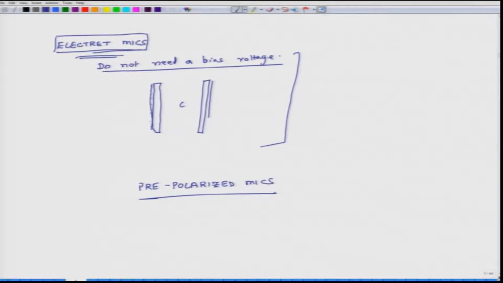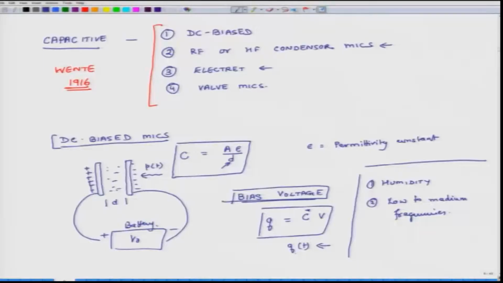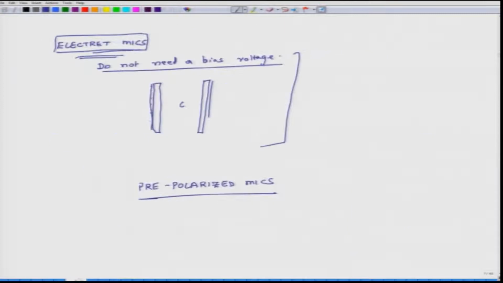Why do we call them pre-polarized? Because in DC biased mics you apply a DC bias to polarize them. Here you do not need it, they already come in a polarized state. So, these are pre-polarized mics, and because of this you do not need an external bias voltage.